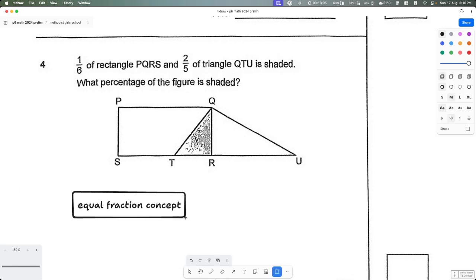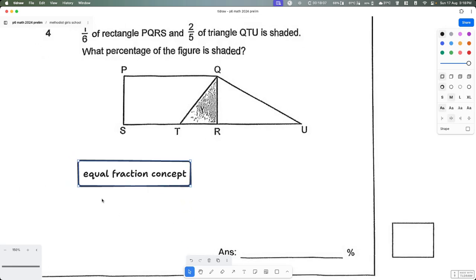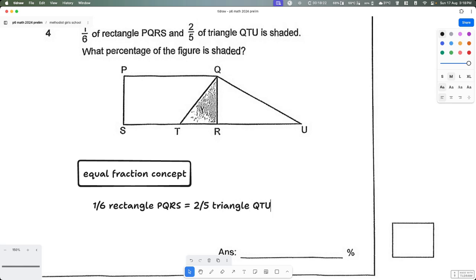So what this means is basically 1/6 of rectangle PQRS is equal to 2/5 of triangle QTU.